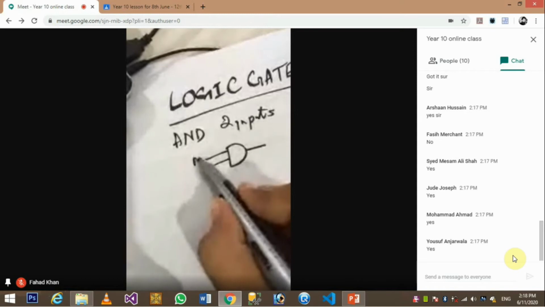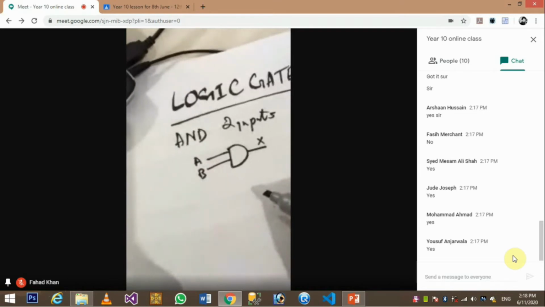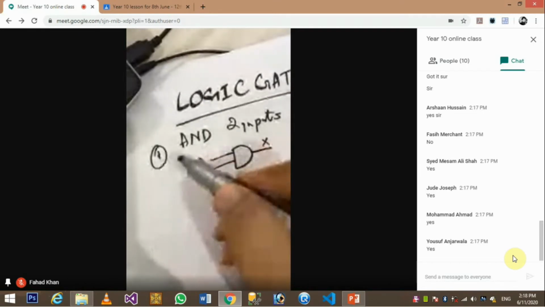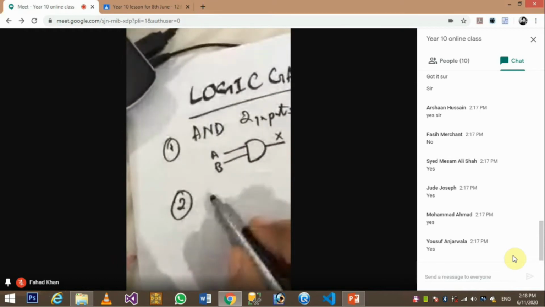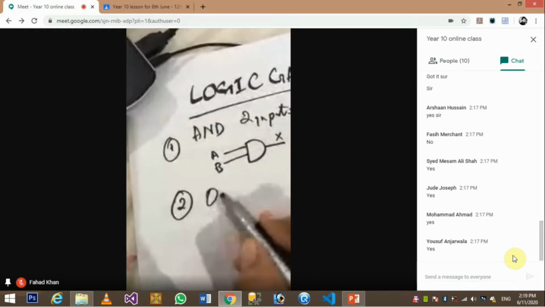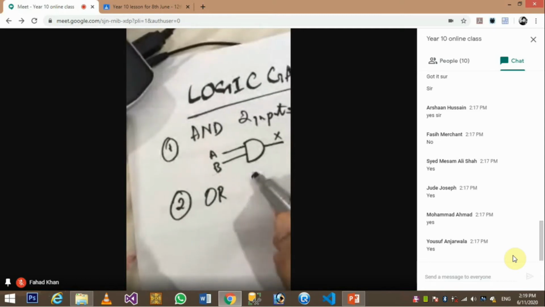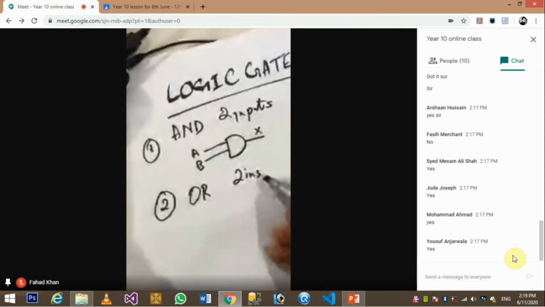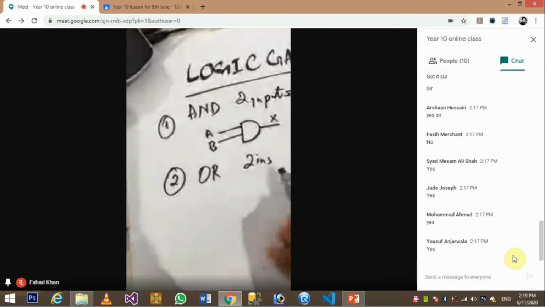We have one input, the second input, and this can be called the output. Number two, the OR gate: how many inputs? Again, two inputs, and there will be one output.